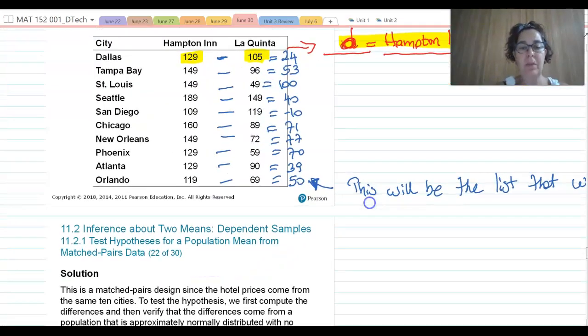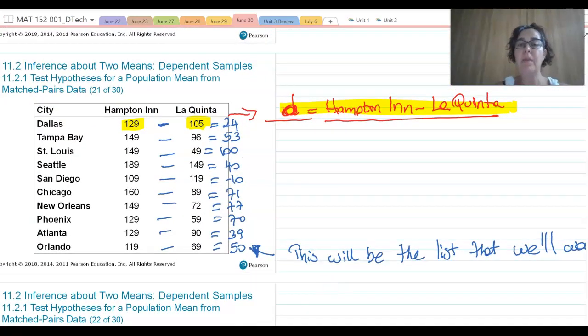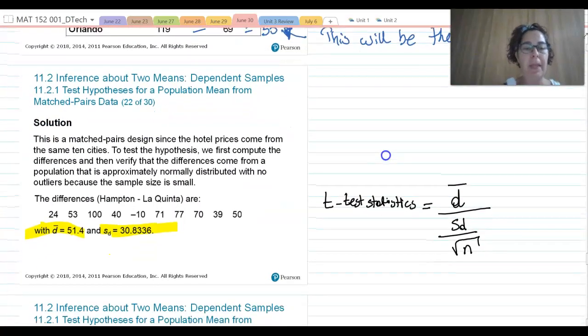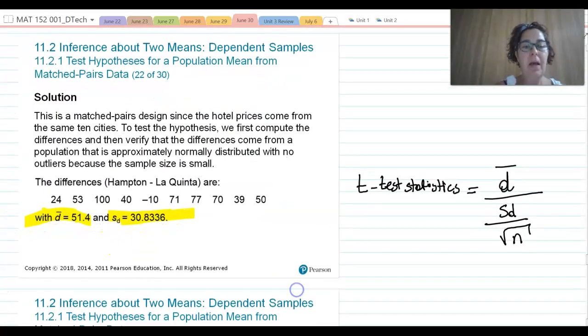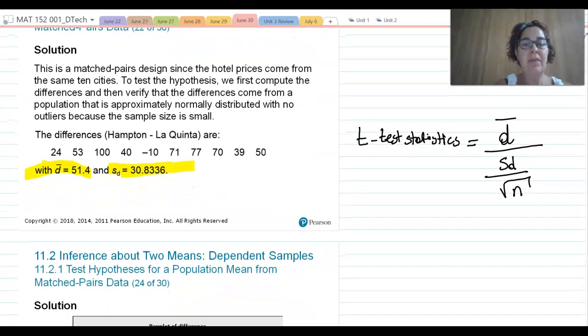I will enter this list to my calculator as L1, and from this point on, I will work it like a one sample t-test because this is a dependent sample. After I enter that, I will take the mean and the standard deviation of that list. So let me clarify this.